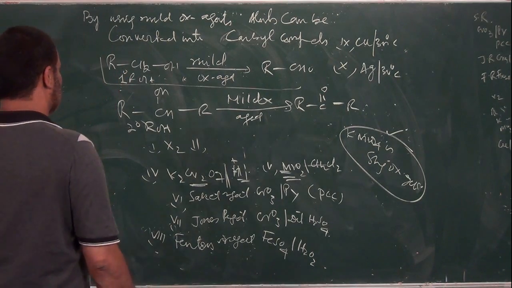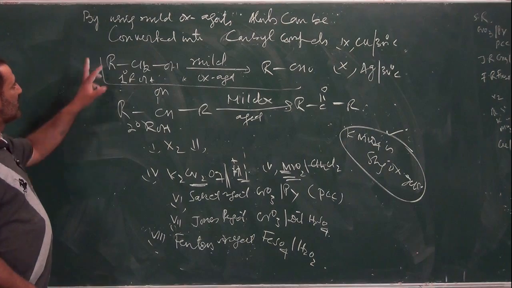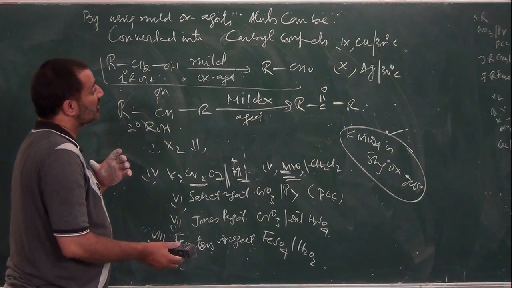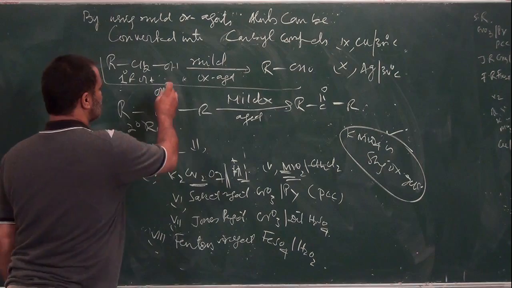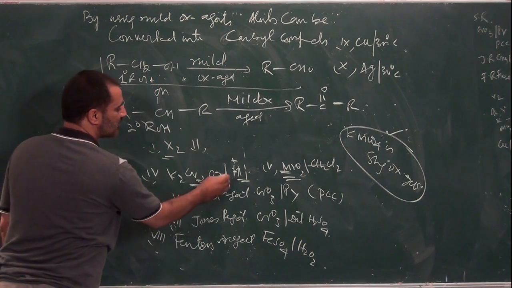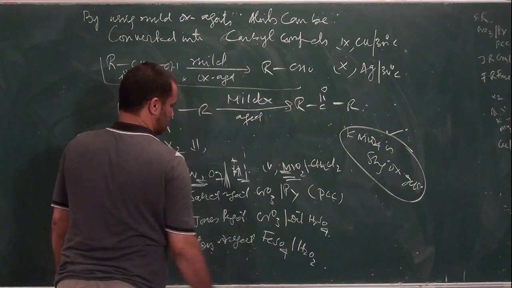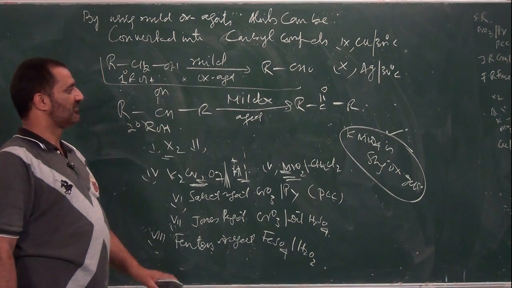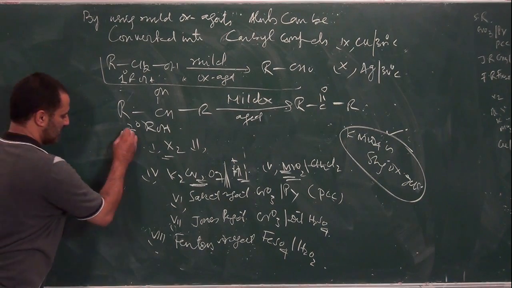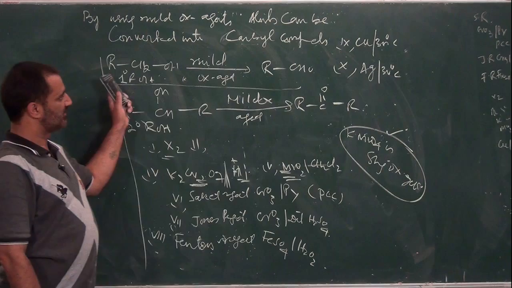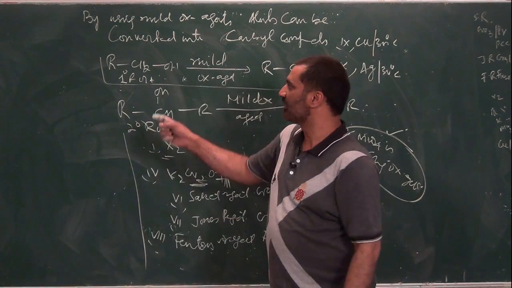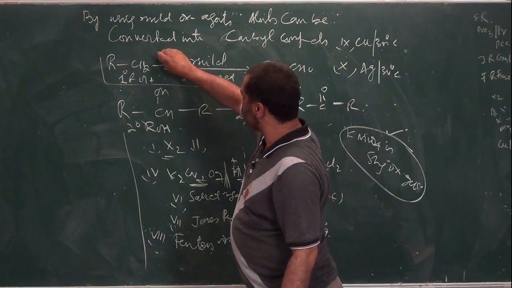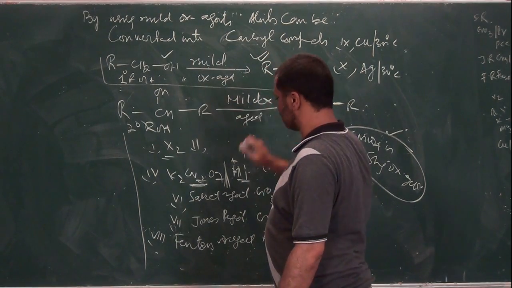So again, by using mild oxidizing agents, alcohols can be converted into carbonyl compounds. The mild oxidizing agents are X2, K2Cr2O7 with H positive, MnO2 in CH2Cl2, Sarett reagent, Jones reagent, Fenton's reagent, hot copper and hot silver. These are very important mild oxidizing agents by which you can convert primary alcohols into aldehydes and secondary alcohols into ketones.